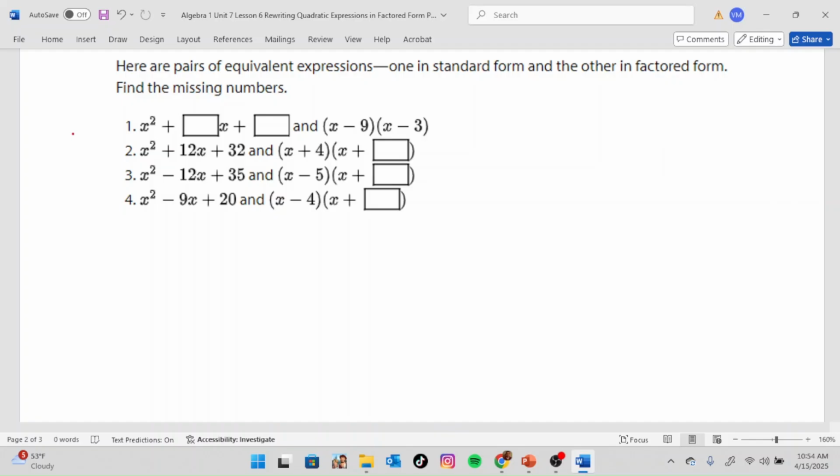So what you need to start piecing together is that the x terms multiply to give you the x squared term.